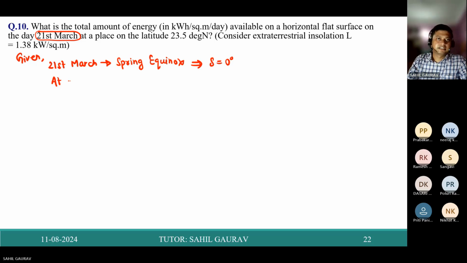So we can write that at equinox day, the length of day and night is same.